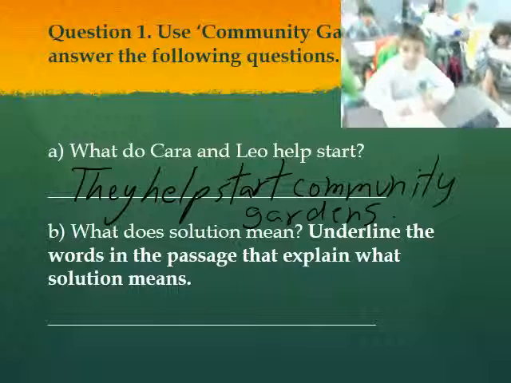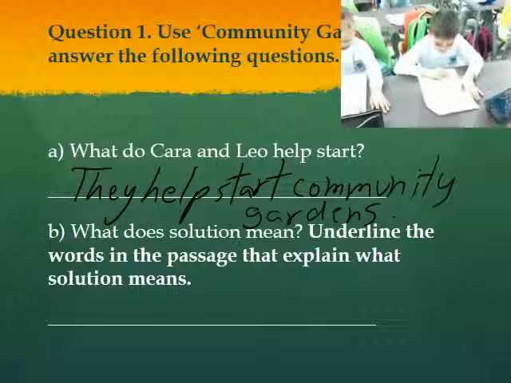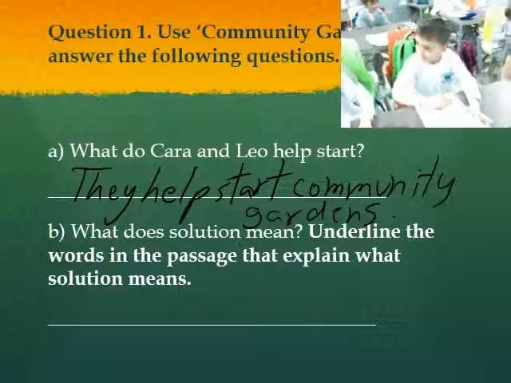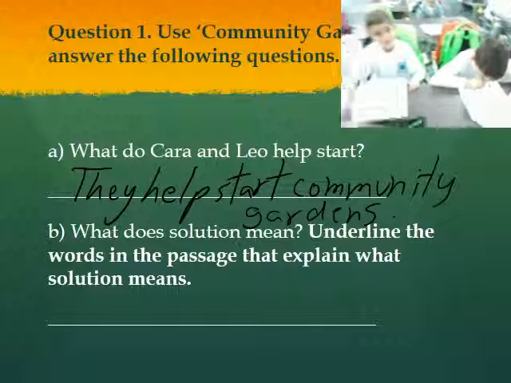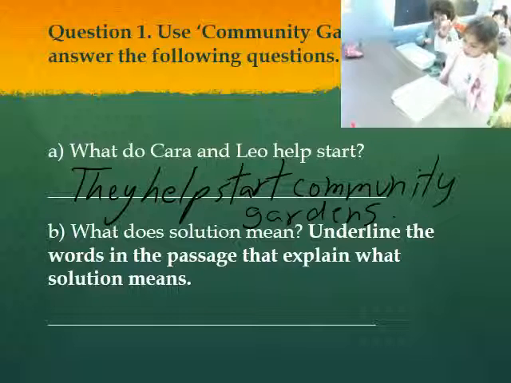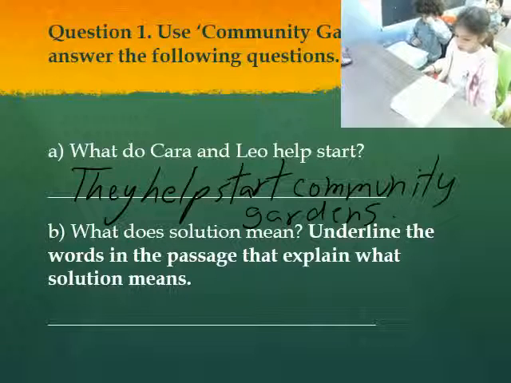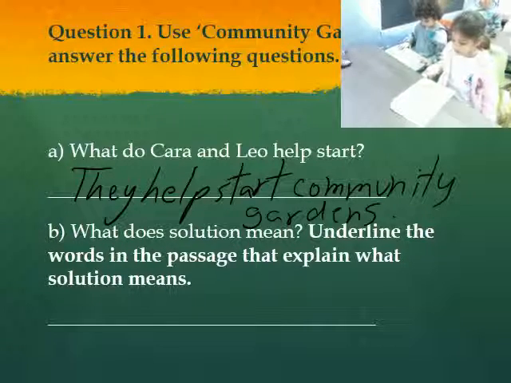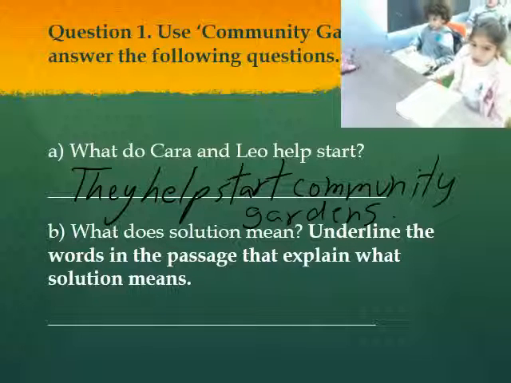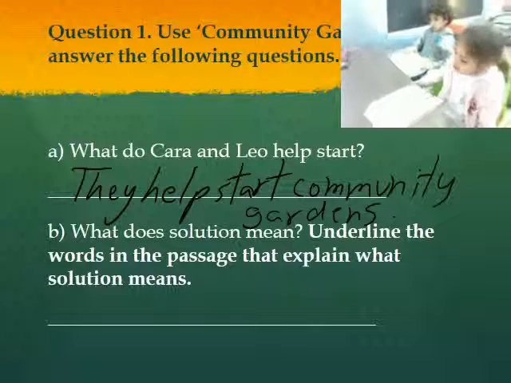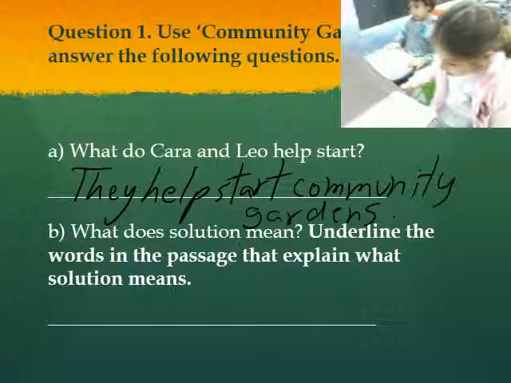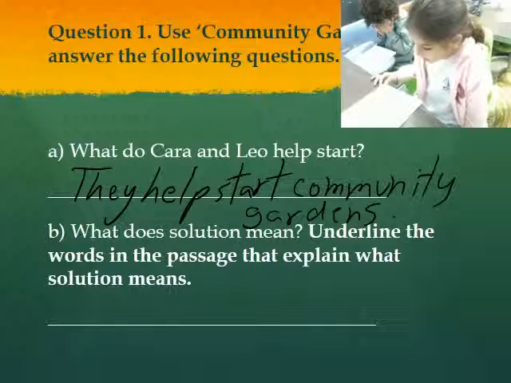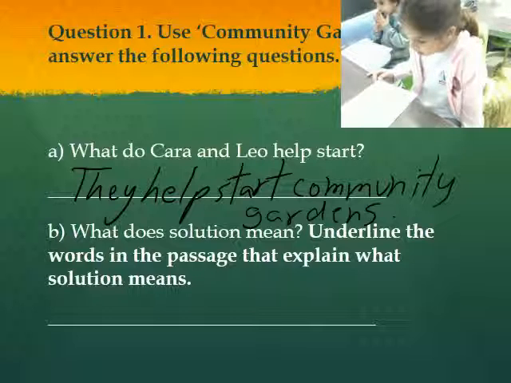Okay, so what's the meaning of solution? Yes, Mia, what are the words? And the solution is to use land of the city. No. Okay, this is the solution they're going to have. But what's the meaning of the word? What is a solution?